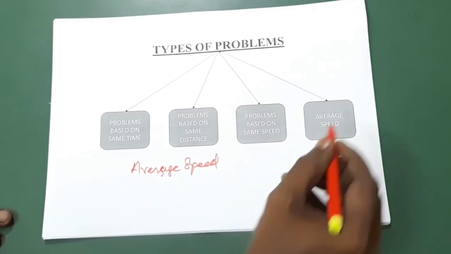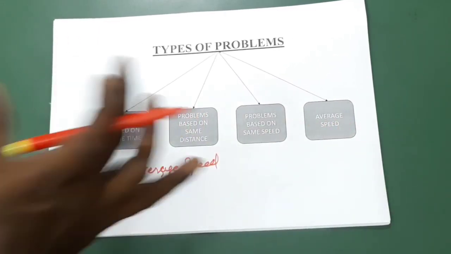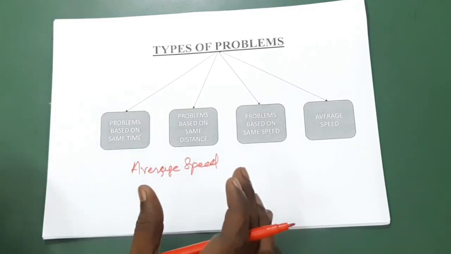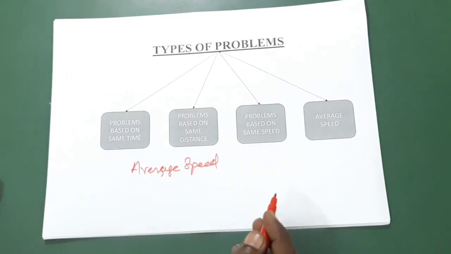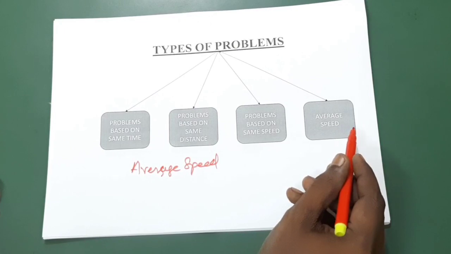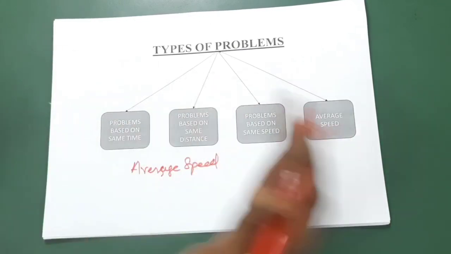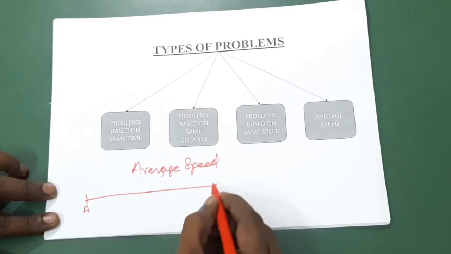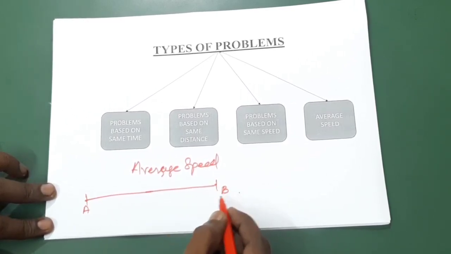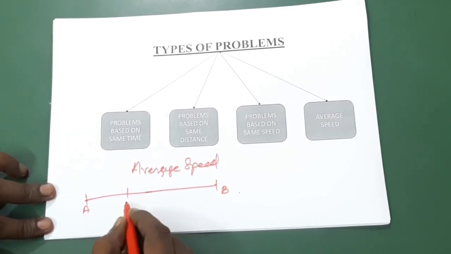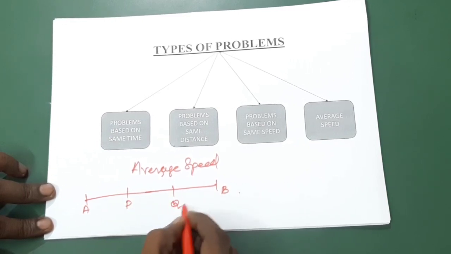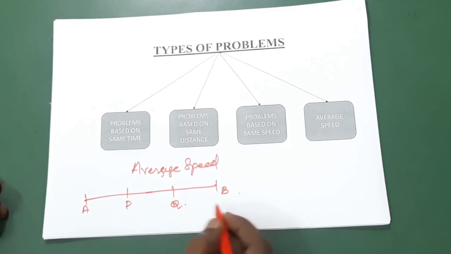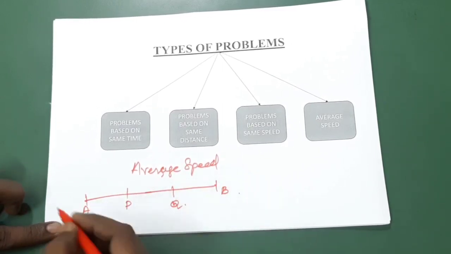For average speed, for example, a person can cover a particular distance with some speed and another particular distance with another speed, like a broken journey. For example, he starts from A and ends at B, but he has taken some rest at points P, Q and so on. So we have three parts of distance covered by this person with three different speeds.